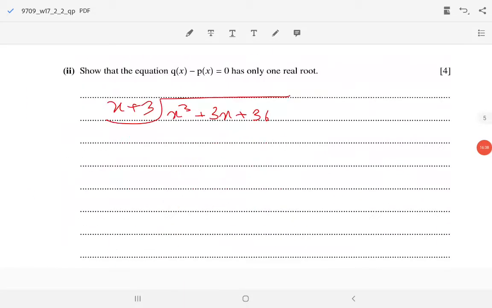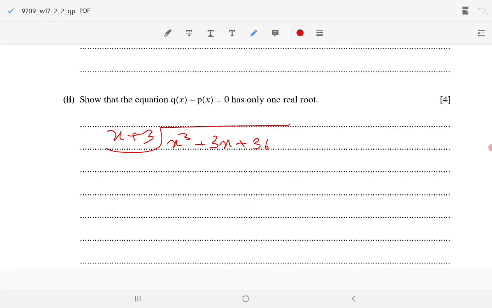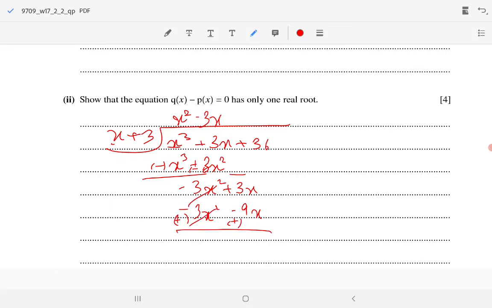Yeah, so if you divide this, the first term is x squared, so x cubed plus 3x squared, minus 3x squared plus 3x, minus 3x minus 3x squared minus 9x, so 12x plus 36.